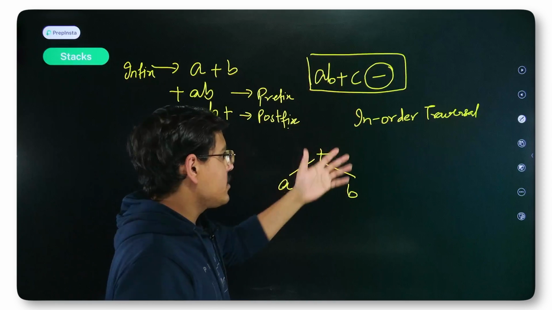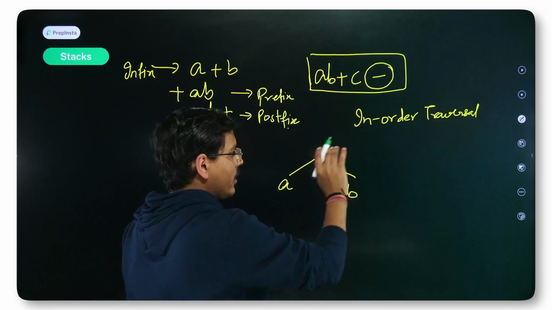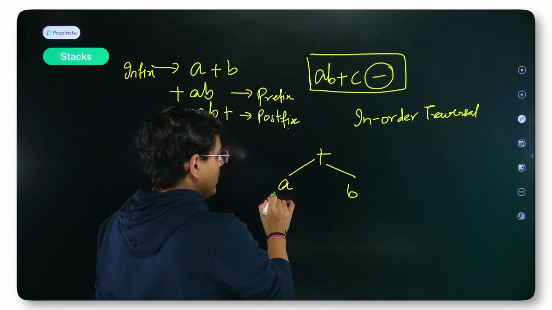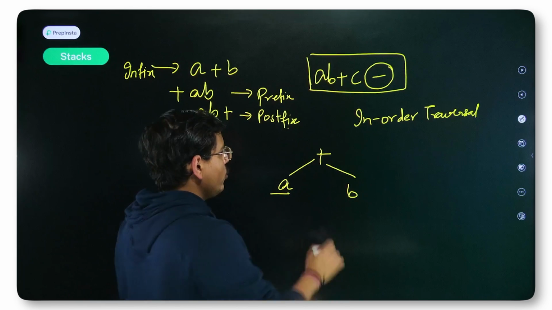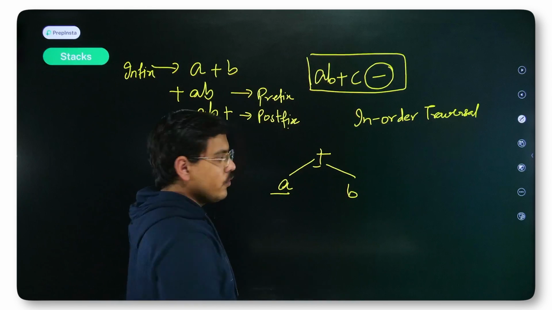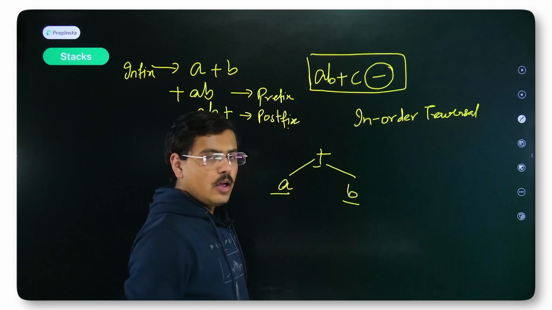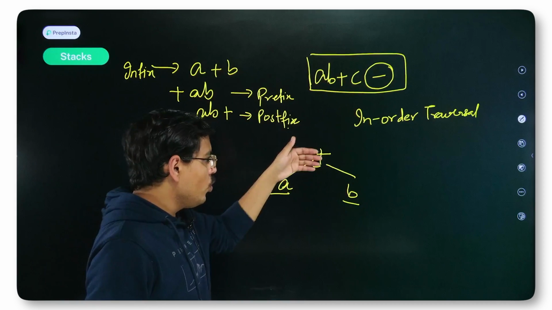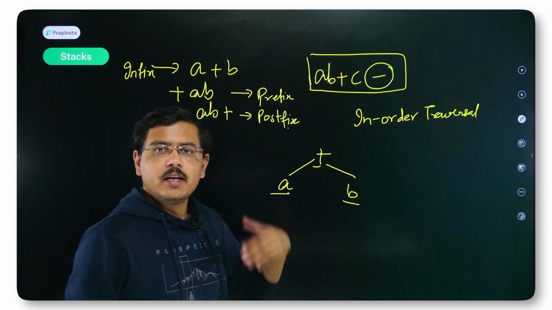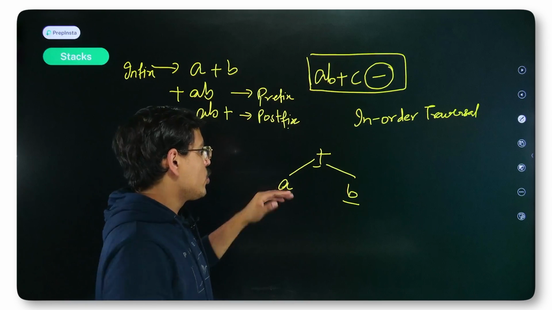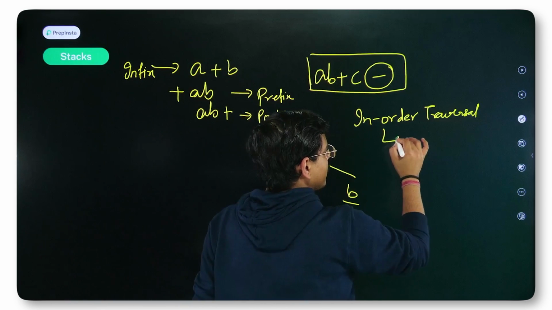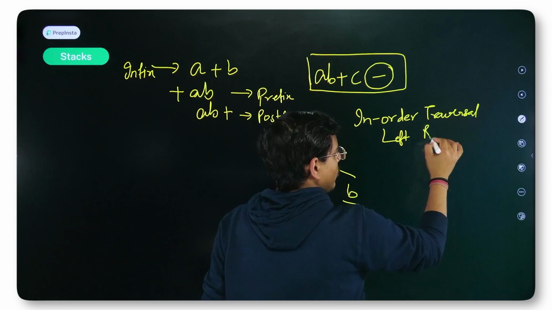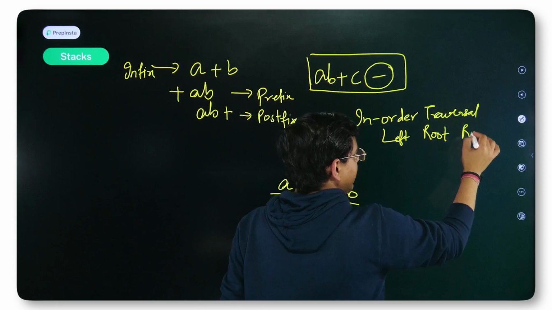Fine. What is this? In order traversal में first you visit left node, then you visit root node, then you visit right node. Fine. Or first you traverse left subtree, then root and then right subtree in the same manner. Fine. So simple है, left, root, right.